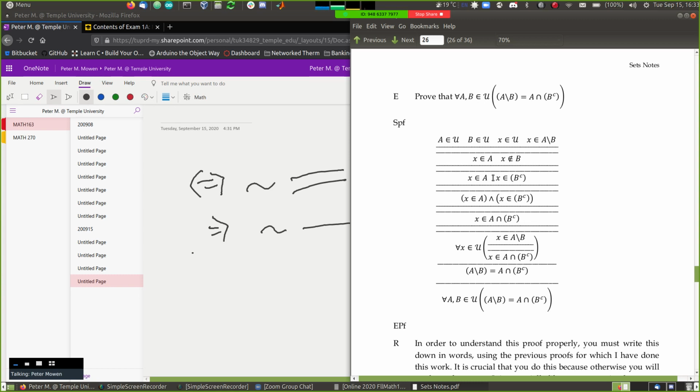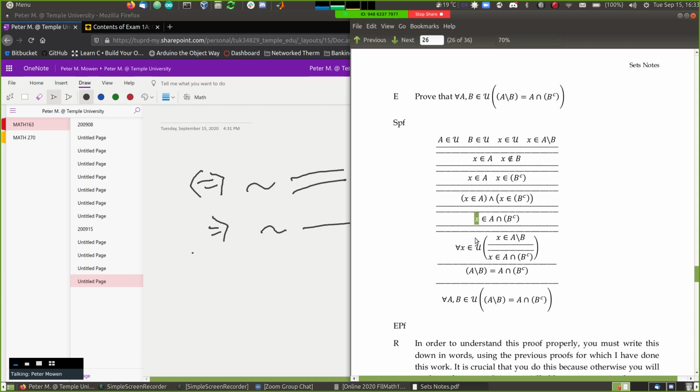And the white space in between is an implied "and", so here he's making it explicit: X is a member of A and X is a member of B complement. Therefore, by definition of the intersection, X is a member of A intersect B complement. So we've shown that for a generic X, a generic A, and a generic B, this is true.